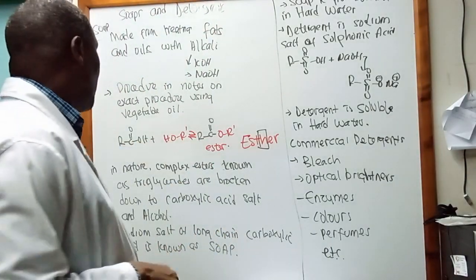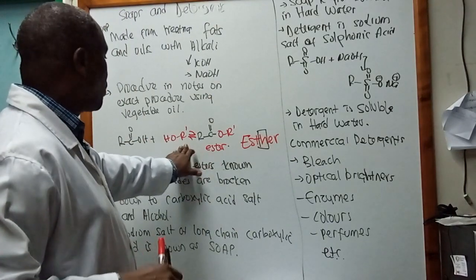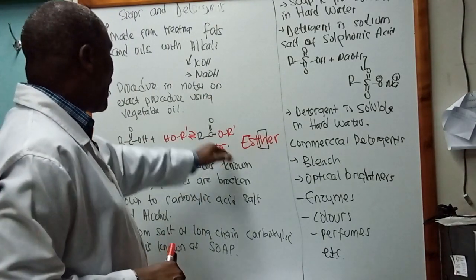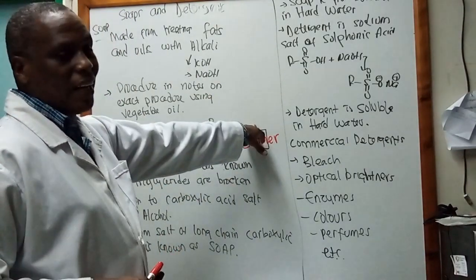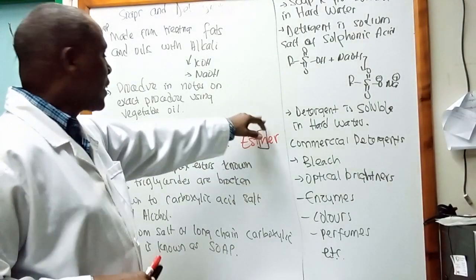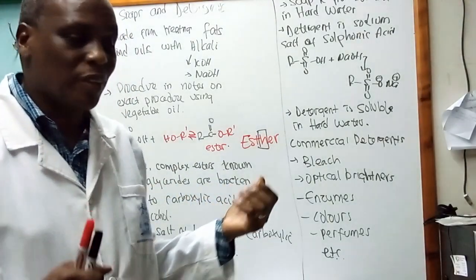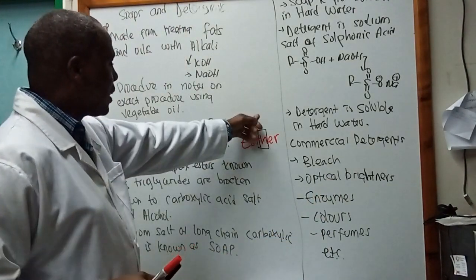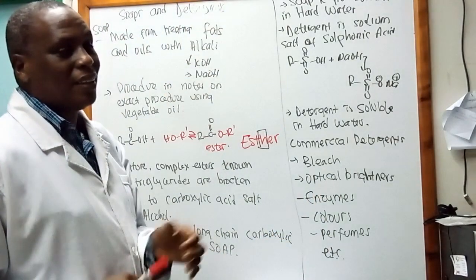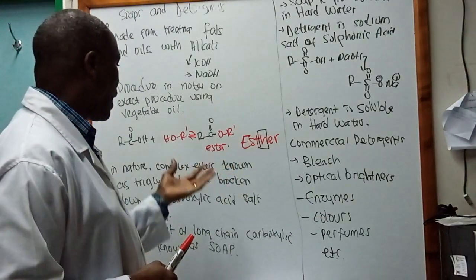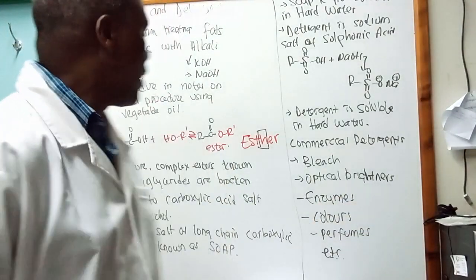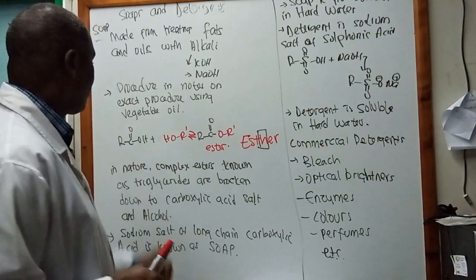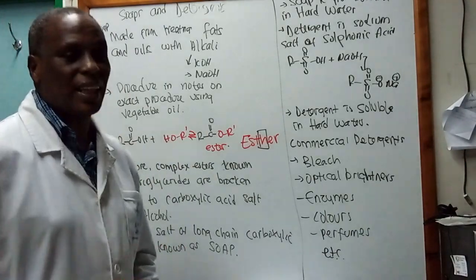And once again, I put an equilibrium arrow. What it means is that I can have an ester and an alkaline, which is what happens in nature or in the industry, and an ester plus an alkaline is going to form an alcohol plus a carboxylic acid.